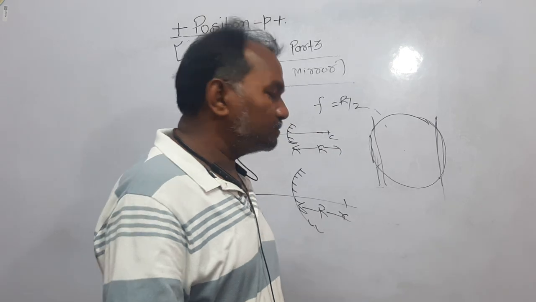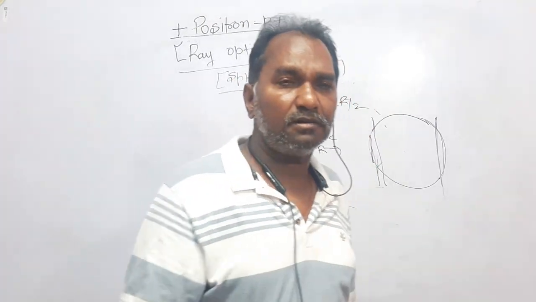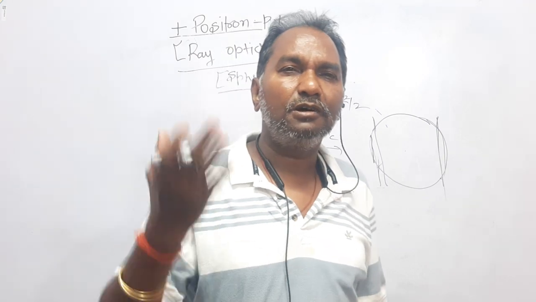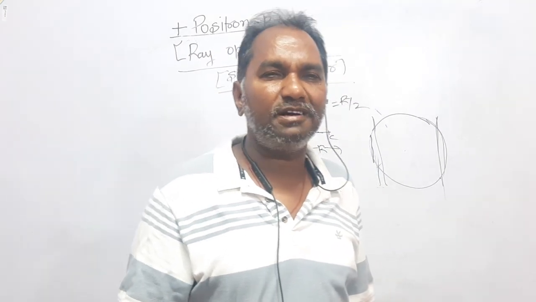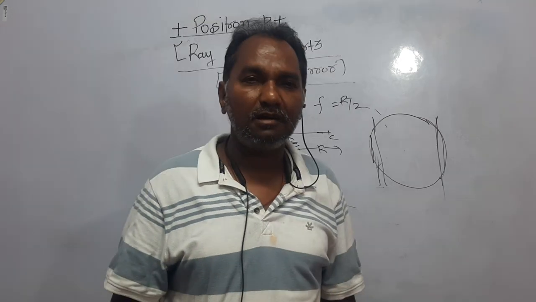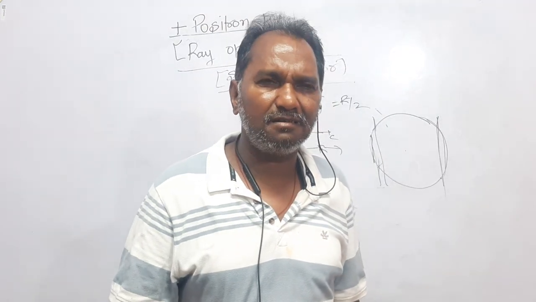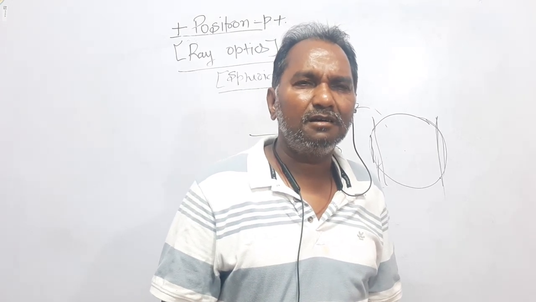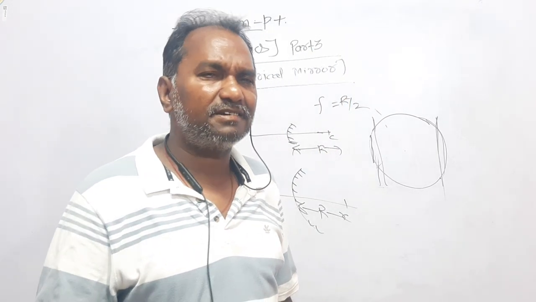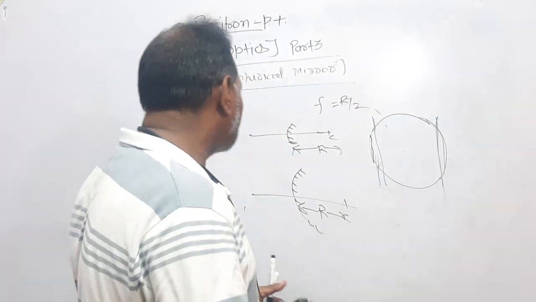A bigger mirror will accommodate more light rays, so the image created will be more intense, whereas a smaller mirror has a small aperture and contains fewer light rays, so the image created might be less intense.